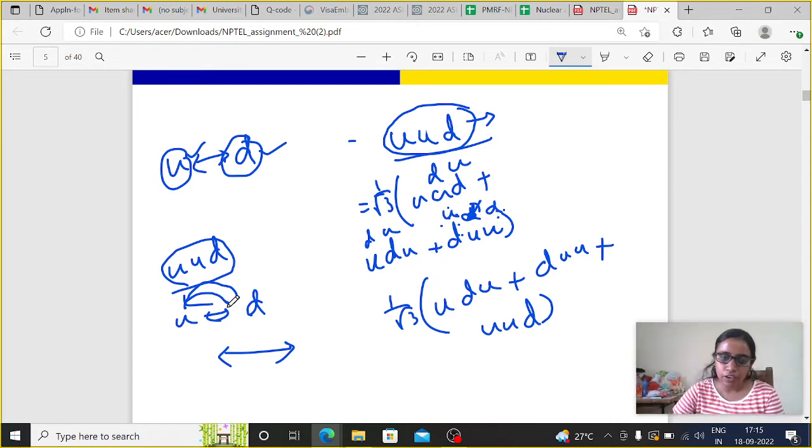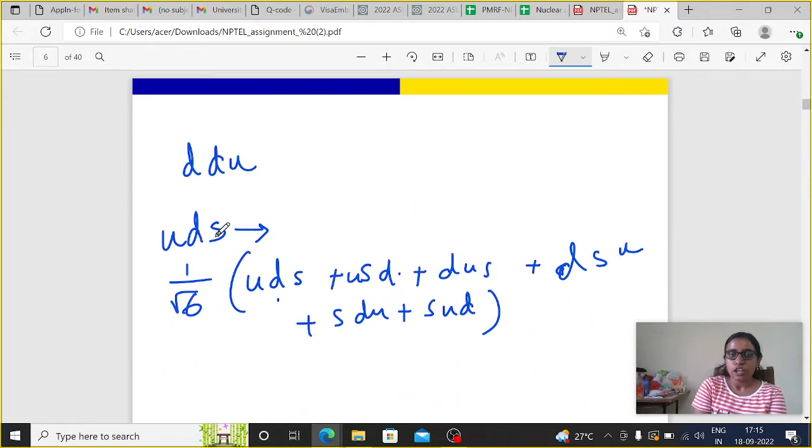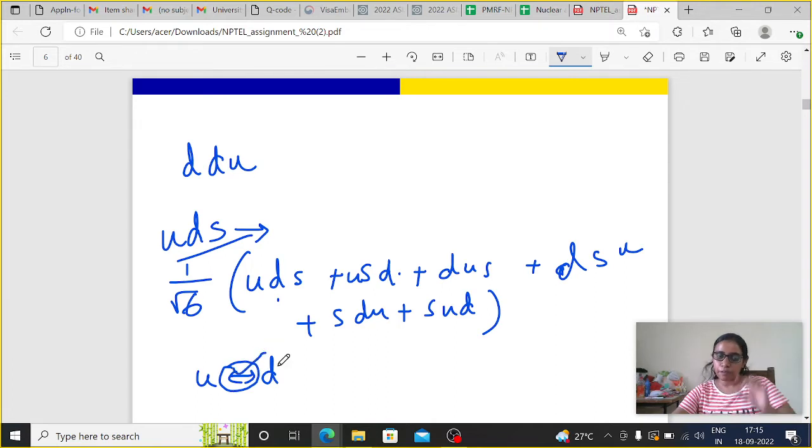Let's say, I will first talk about symmetric, and after that antisymmetric. So this type, let's say UDS, can be written like that. There are 6 terms. But right now I am just replacing U and D, that is the expression I am using.